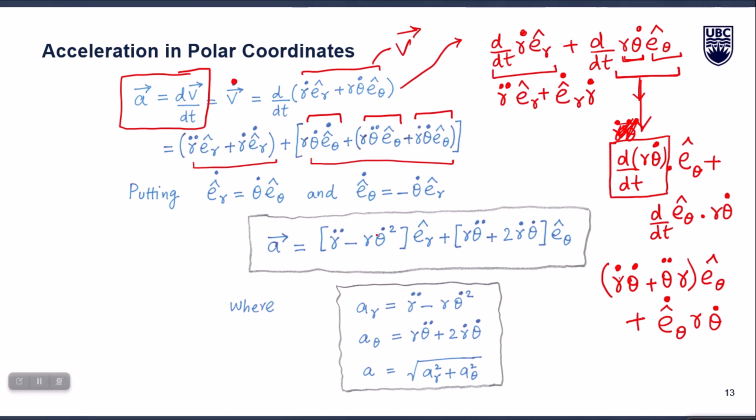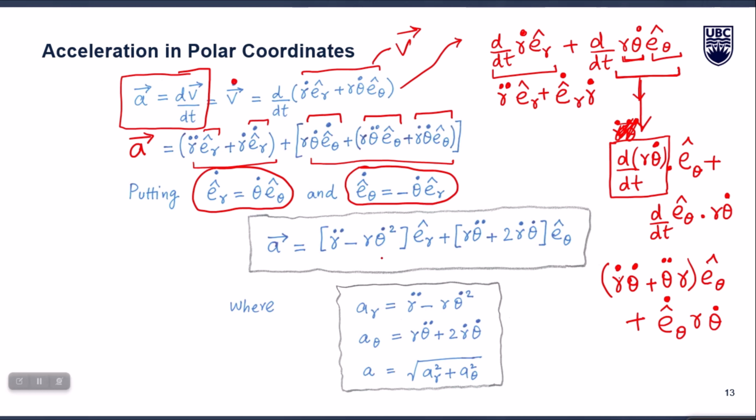Now you can see that the acceleration vector is this long expression, and it has a term which is being multiplied by E sub r dot, similarly the theta term with E sub theta dot, and similarly E sub theta, this one and this one, right? So let's put those two equations which we just derived, this one and this one, to write all terms in a product of E theta or E r, right?